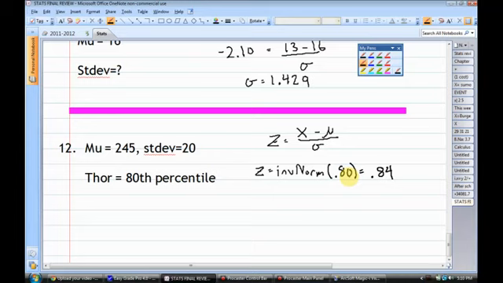Because the area is 1 minus 0.1. So the percentile rank is 80. Therefore, the z-score is 0.84.